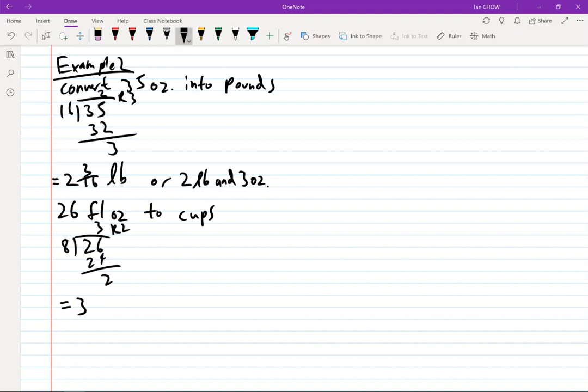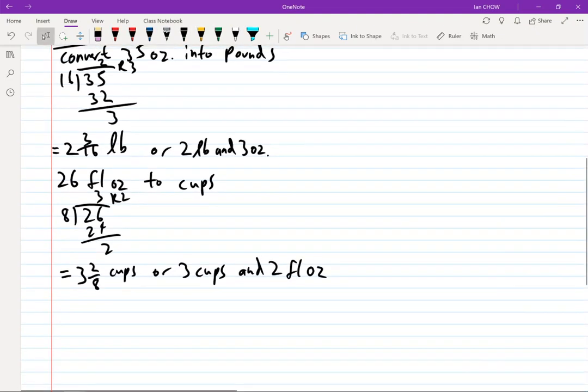Let's present it in fraction form first. That's 3 and 2 over 8 cups, or you can write it as 3 cups and 2 fluid ounces.